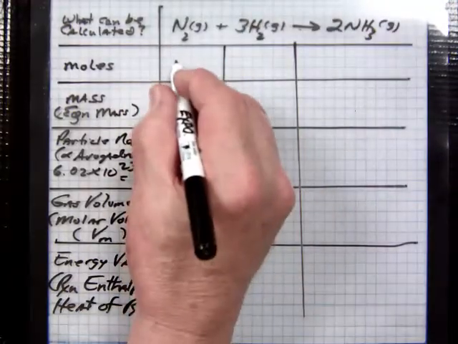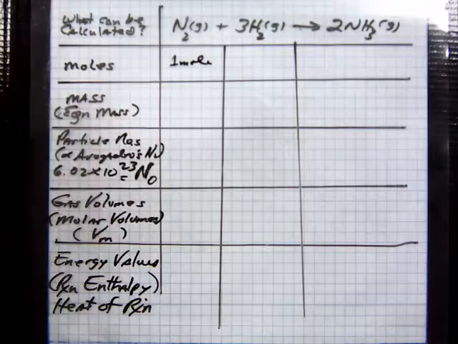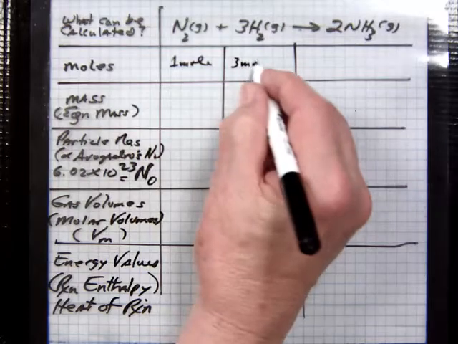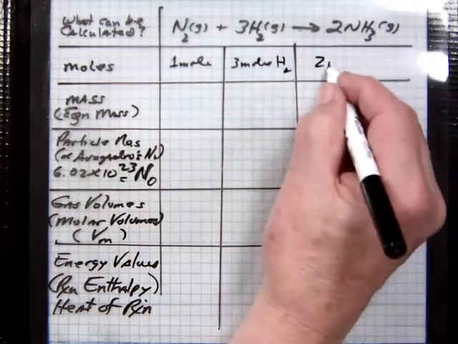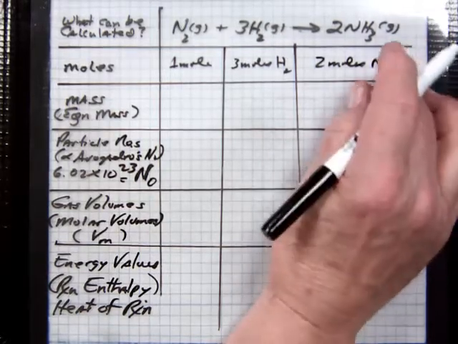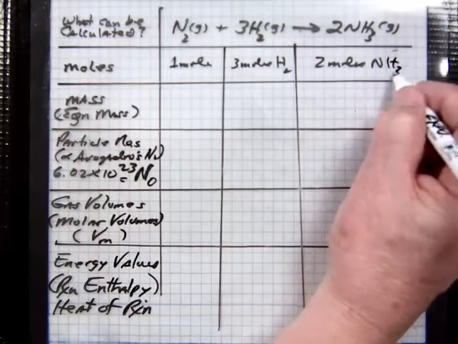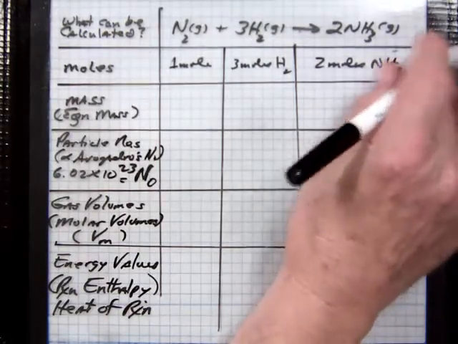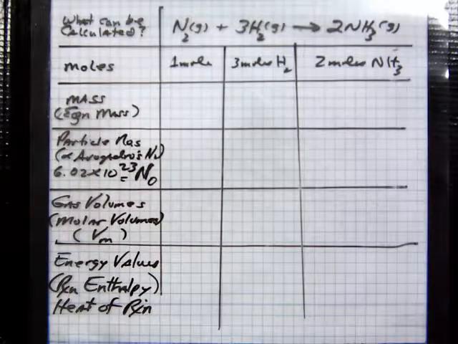And so this would be 1 mole of nitrogen, 3 moles of hydrogen gas, and 2 moles of ammonia. Now, I'm going to define moles in great detail in a minute, not to worry. Very simple. So the first thing is just look at the balanced equation, the coefficients, and you know the moles.